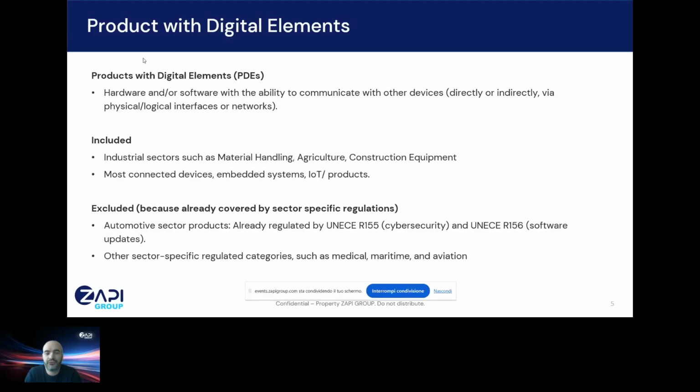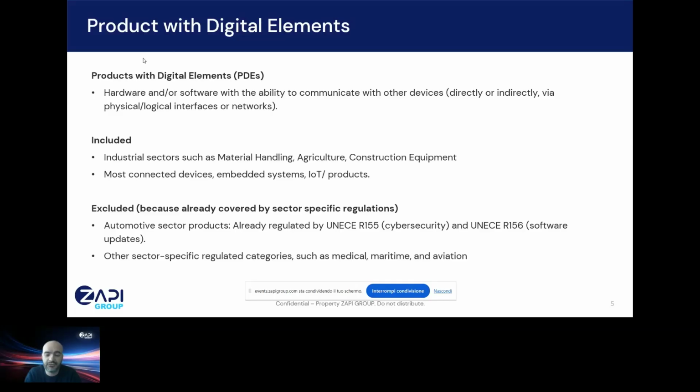One example of a sector that is included into the CRA is the industrial sector. So all the electronic devices that are used, for example, for the material handling, construction equipment, and agriculture need to be considered into the CRA. An example of sector that is excluded from the Cyber Resilience Act is the automotive, and the reason is quite simple.